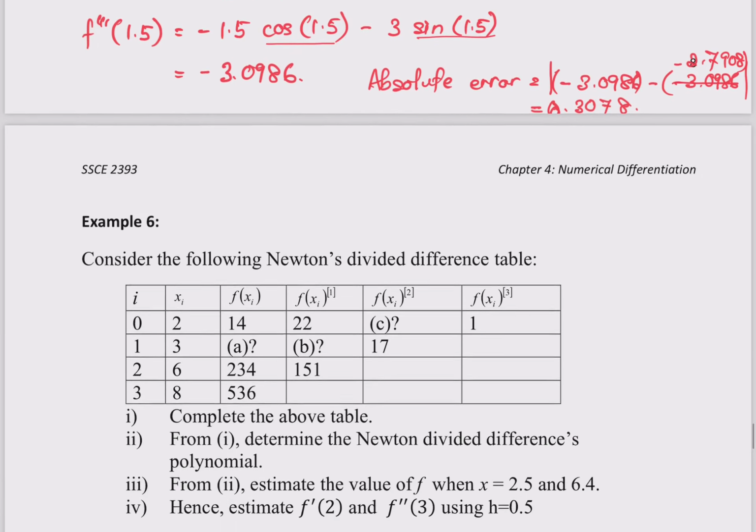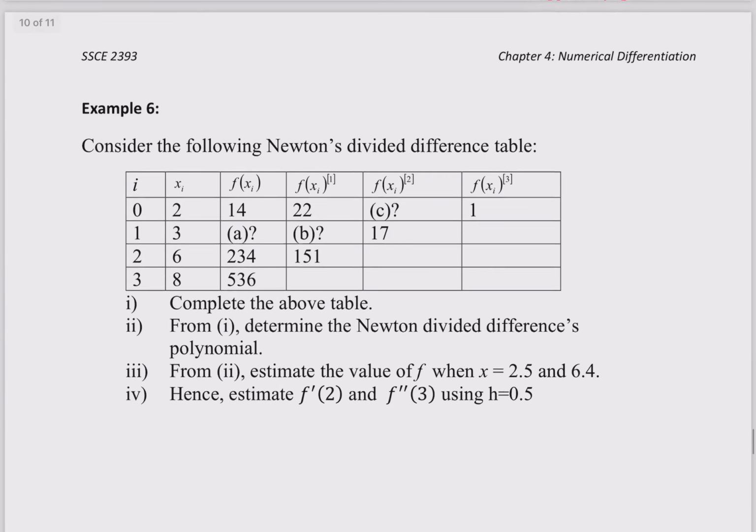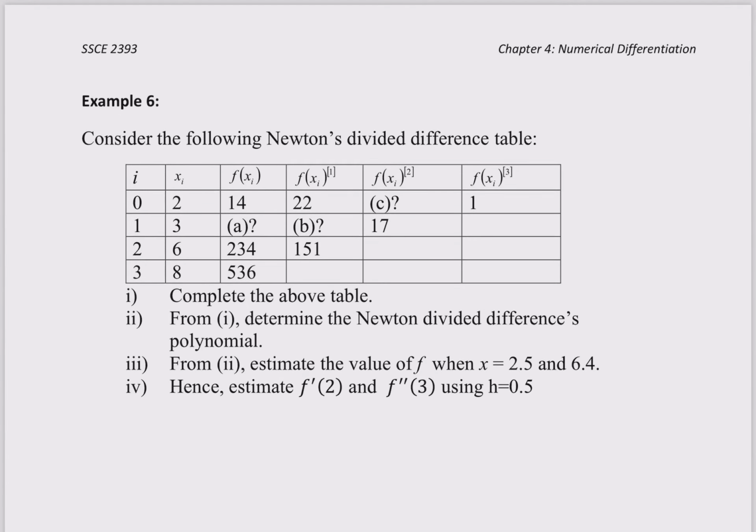And then we go to the next example, and I think this is a good example in this chapter because it's a combination of chapter 3, where you learn about interpolation, where you have Newton divided difference.